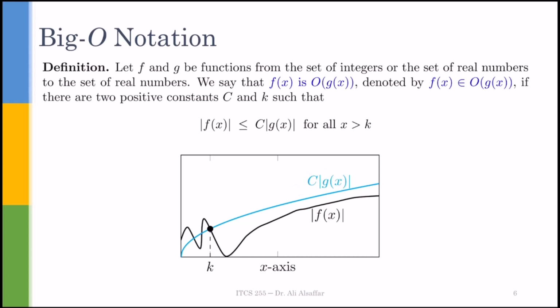Even if you change the constant to smaller values, in this case you are increasing the value of k. At a certain point, f of x, as x goes to infinity, will always be less than c times g of x. And we say that f of x is big O of g of x.